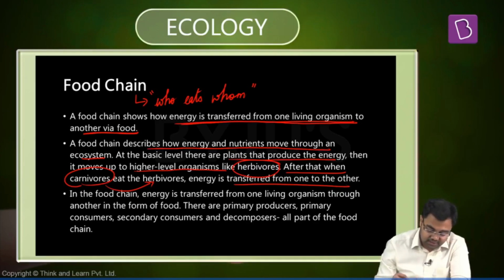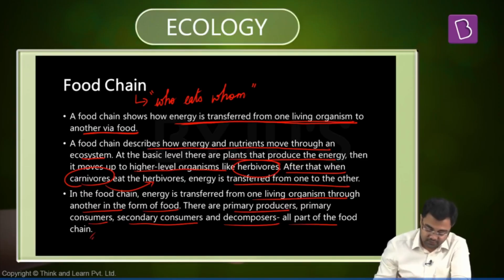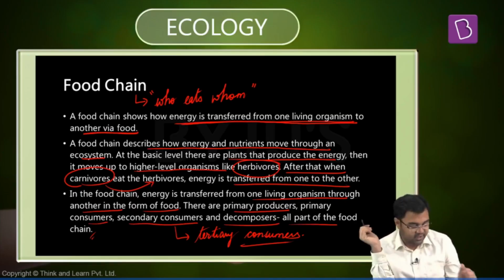So in the food chain, energy is transferred from one living organism to another in the form of food. There are primary producers, primary consumers, secondary consumers, and decomposers, all a part of the food chain. Sometimes we also have another category called tertiary consumers. So this is what we see.